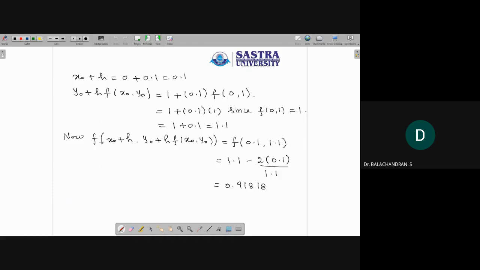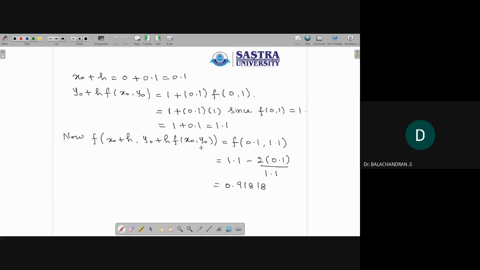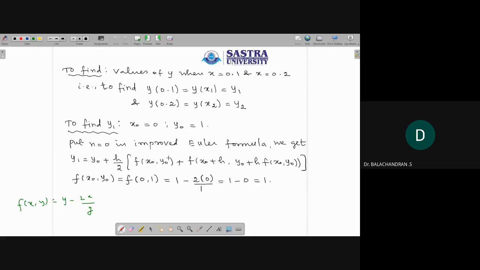Now f of x naught plus h comma y naught plus h into f of x naught comma y naught. This whole expression: this value is 0.1, this value is 1.1. So again, y minus 2 into x by y. So I got this value. What is this value? 1.